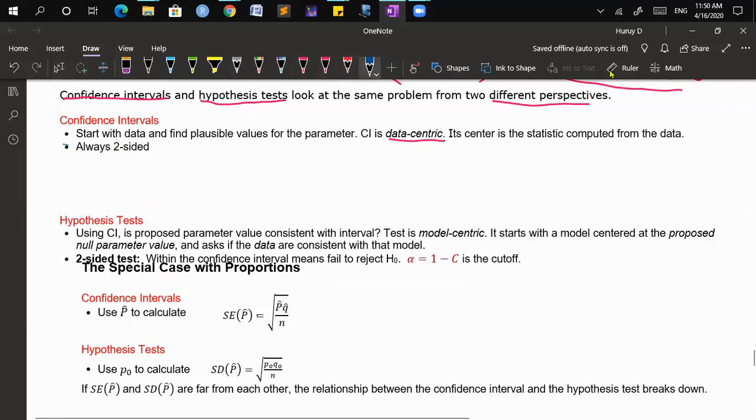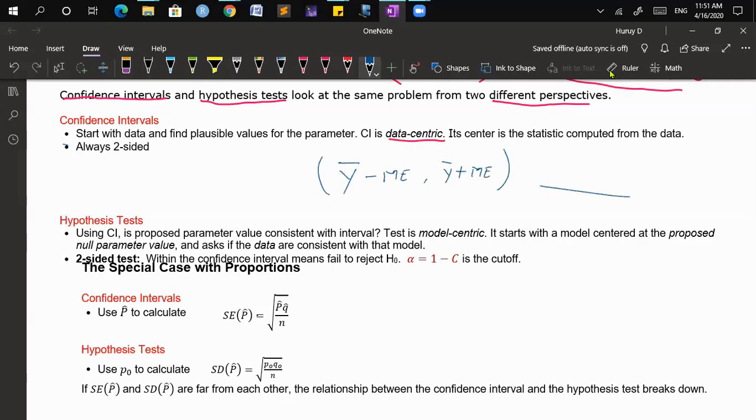So here what we do is we start with our data. The reason why we call it data-centric is we start with y bar. And by adding and subtracting the margin of error, we create the confidence interval. This is what we call the confidence interval.